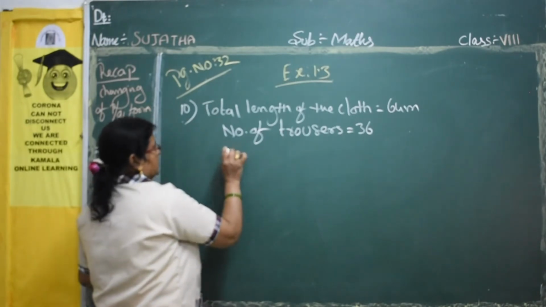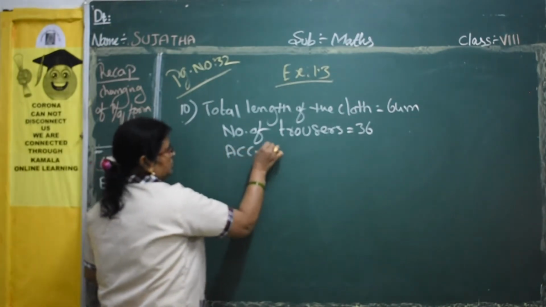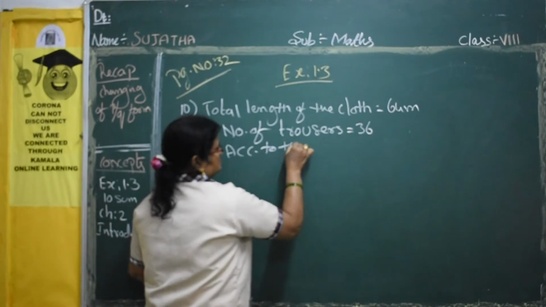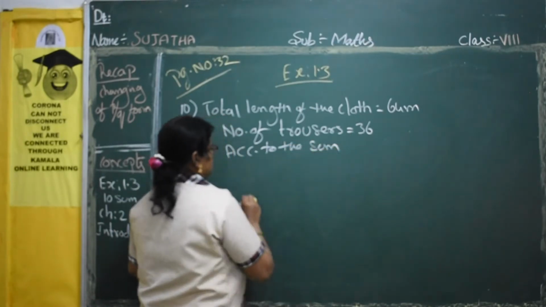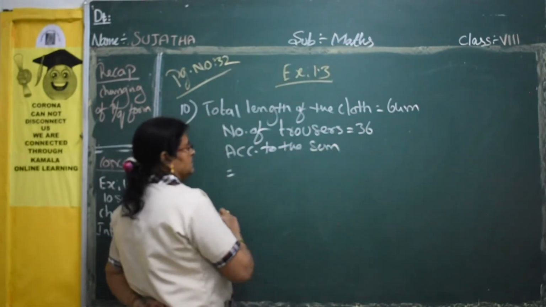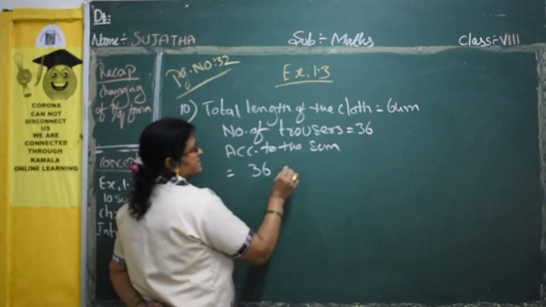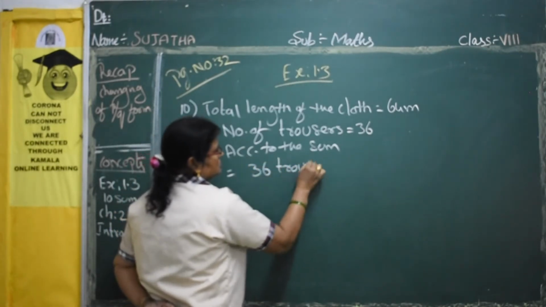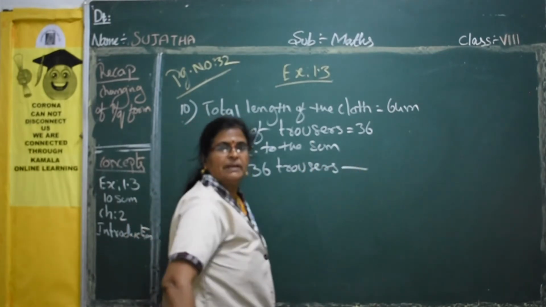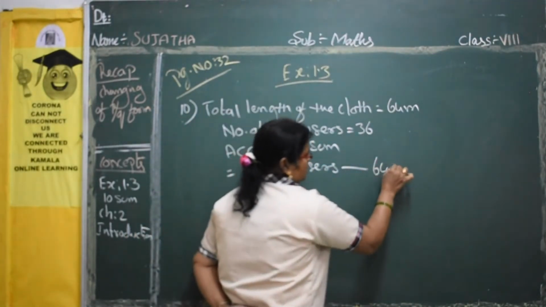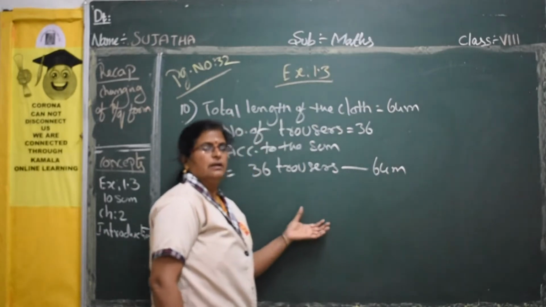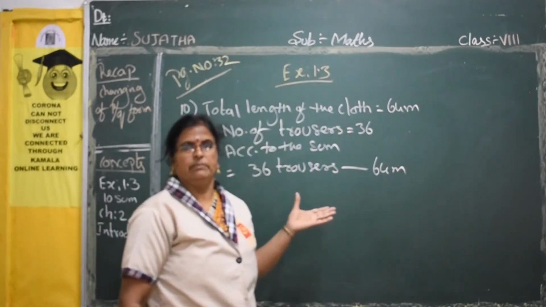So according to the problem, what will we get now? For 36 trousers, how much cloth will be required? 64 meters of cloth will be required. Now here we are doing the unitary method.